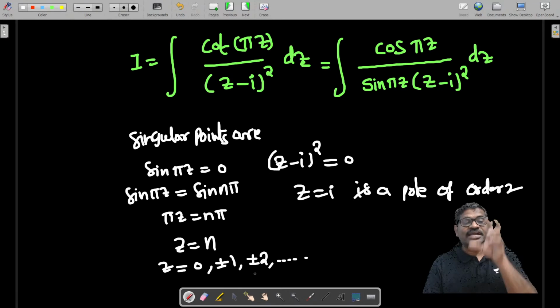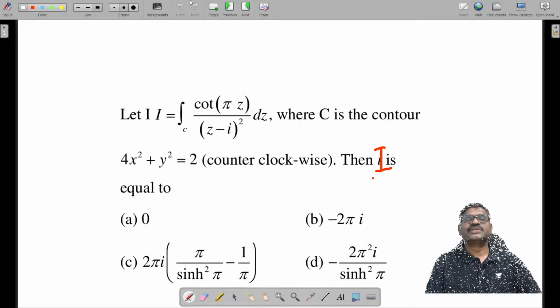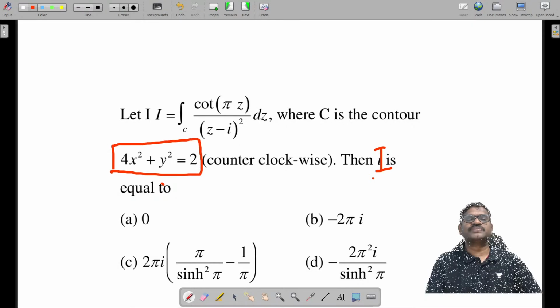Now we have to check whether the singular points are inside the closed curve or outside, which one lies inside, which one lies outside. So first identify the curve. 4x square plus y square equal to 2.